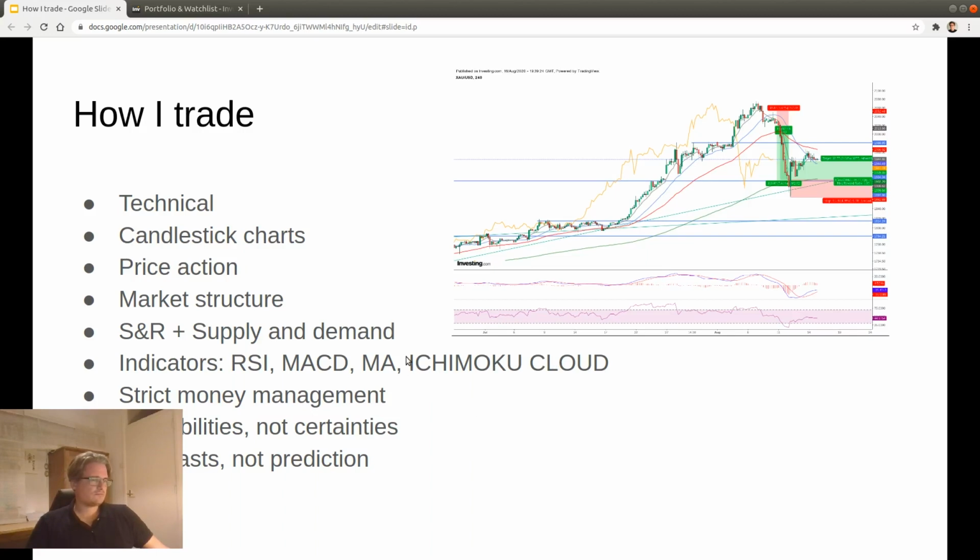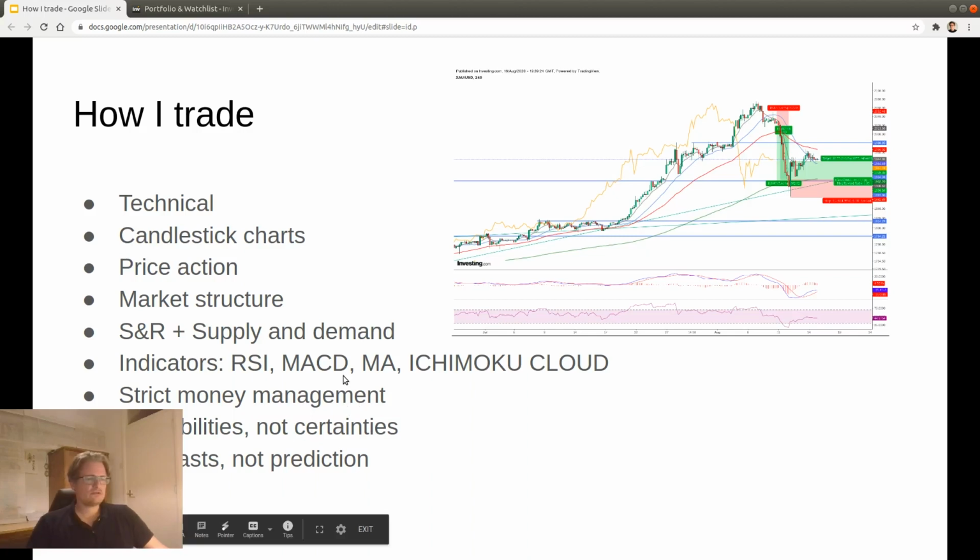And to tell you something about it, I sometimes only trade the Ichimoku cloud, but I've found a way to integrate indicators like the RSI, MACD, and moving averages with something that looks like the Ichimoku cloud. And I'm starting to make this my own kind of system, and I will explain how I do this. So if you see, for instance, this yellow line is what I call the signal line, and it's actually part of the Ichimoku cloud. And I've integrated this with trading with moving averages.